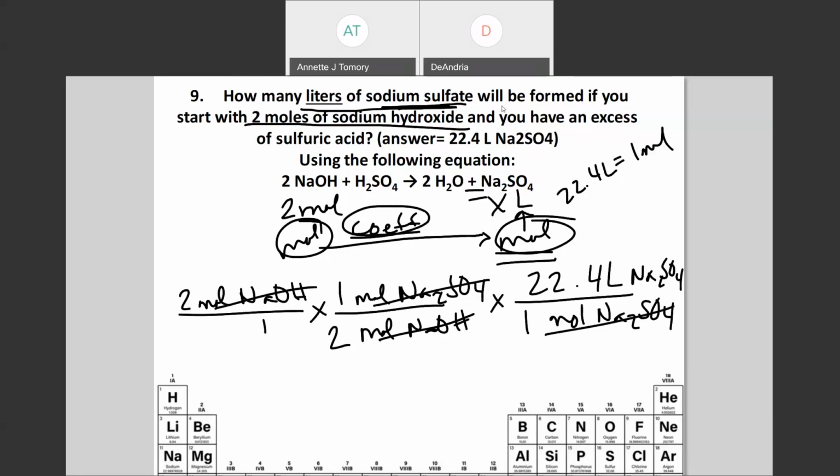Is that what we're looking for? Yes. So that means we're going to calculate 2 divided by 2, because it's on the bottom here. We're going to divide, times 22.4 because it's on the top. What did you get? 44.8. You forgot to divide by 2.